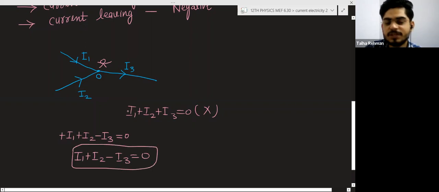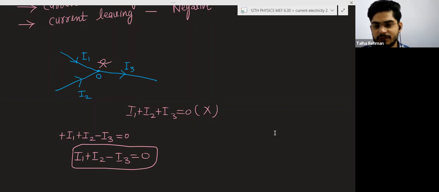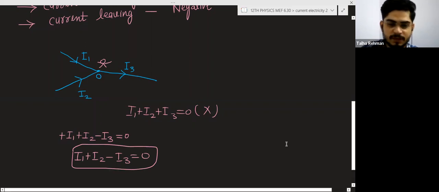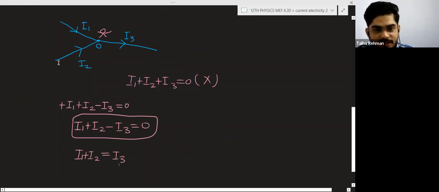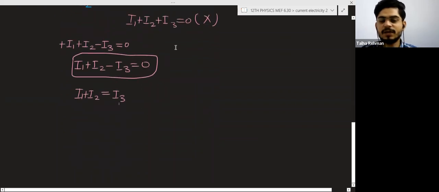And from this equation you can conclude one more thing, just for interest. Here this is I1 plus I2, the current entering, and this is the current leaving. So you can say the total current entering the junction is equal to the total current leaving.